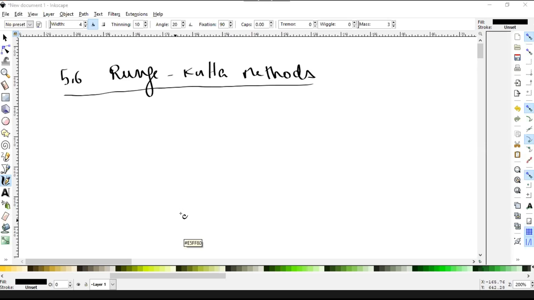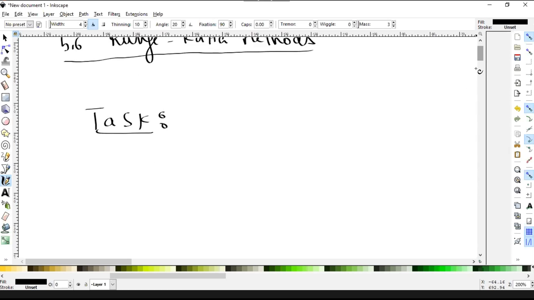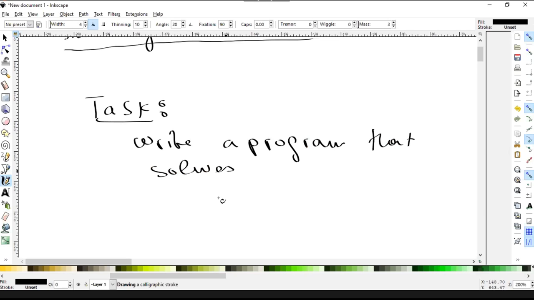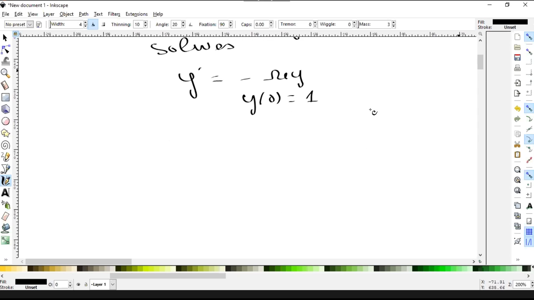We will continue next time. Now, as a task, I'll give you a task to do at home. Write a program that solves y prime equals minus xy with y of 0 equals 1 using the Euler method.